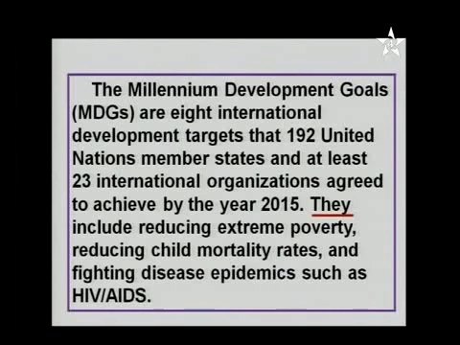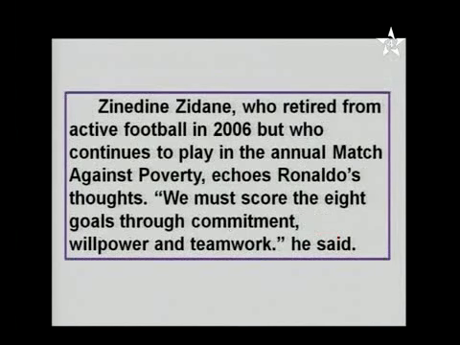They include reducing extreme poverty, reducing child mortality rates, and fighting disease epidemics such as HIV/AIDS. Zinedine Zidane, who retired from active football in 2006 but who continues to play in the annual match against poverty, echoes Ronaldo's thoughts. We must score the 8 goals through commitment, willpower, and teamwork, he said.